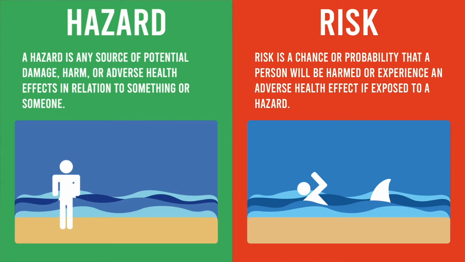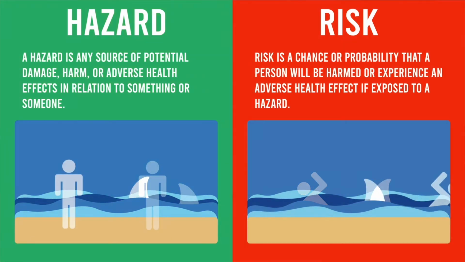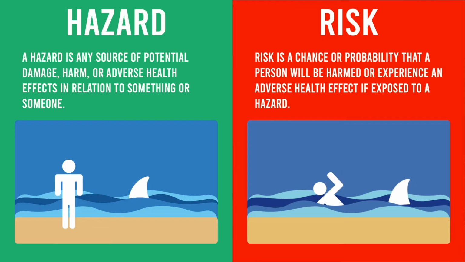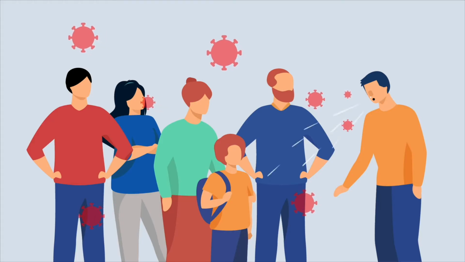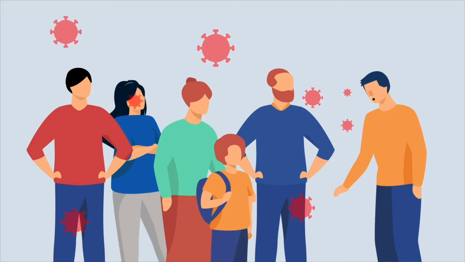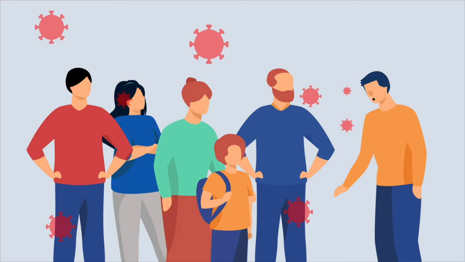A hazard is any source of potential damage, harm, or adverse health effects in relation to something or someone. On the other hand, a risk is a chance or probability that a person will be harmed or experience an adverse health effect when exposed to a hazard. For example, someone with a cold who sneezes without covering his or her nose is a hazard to some people around him or her.